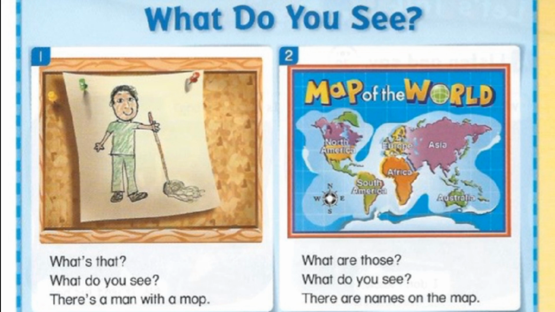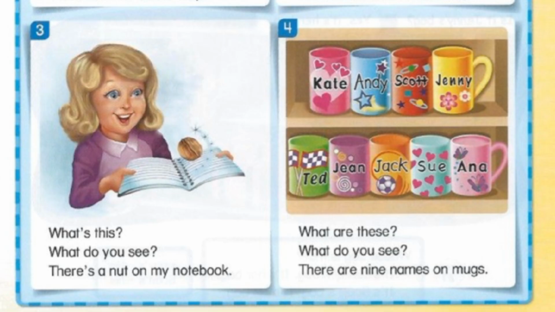What do you see? There are names on the map. What's this? What do you see? There is a nut on my notebook. What are these? What do you see? There are nine names on mugs.